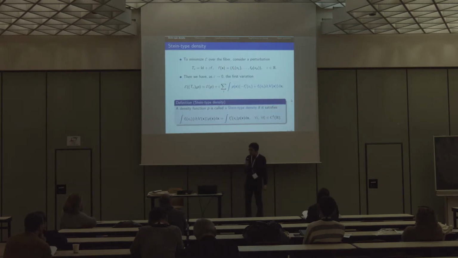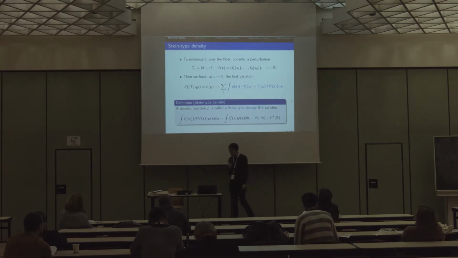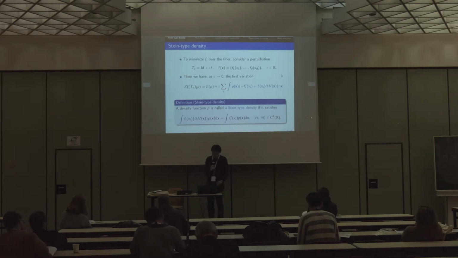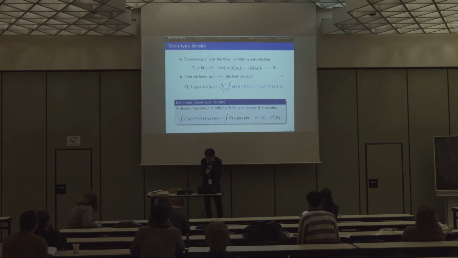To minimize the functional E over the fiber, consider a perturbation of the transformation. T epsilon is the identity map plus some perturbation. Here epsilon is a small number and f is an arbitrary function.